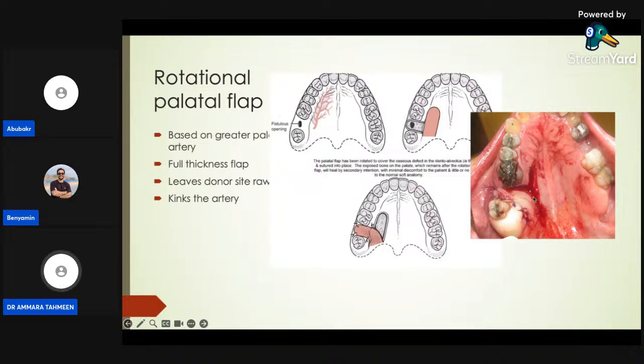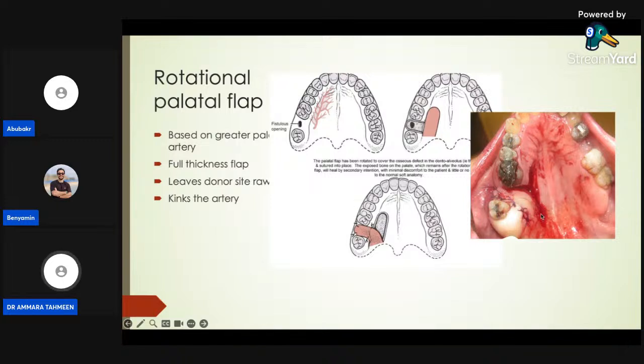Usually some patients, especially those who are diabetic, contract secondary infection, which leads to infection of the operated site. So some clinicians prefer to cover it with a stent until the complete healing takes place.